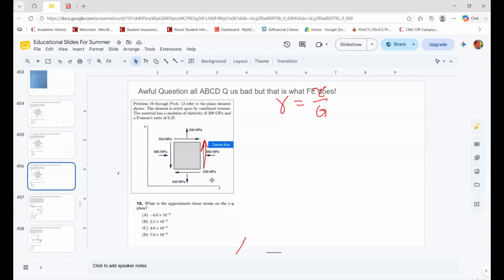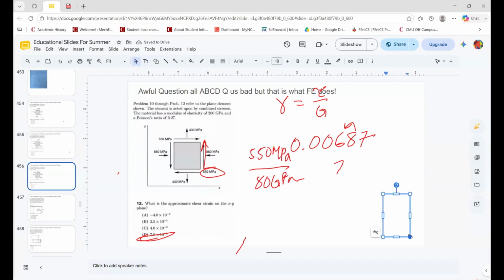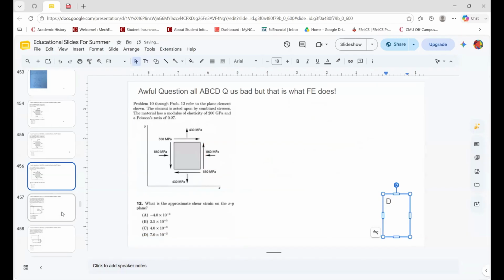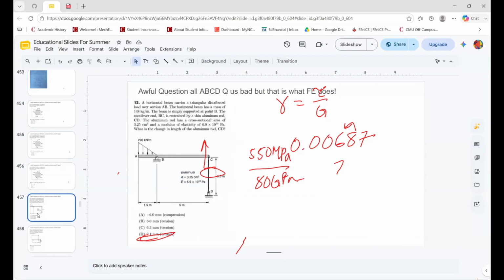So I get 0.00687, which rounds up to about 7. So about D. Here's what you do: 550 megapascals divided by 80 gigapascals, and that's all you have to do. So that is D. Yeah. Cool, right? Let's go to the next question.